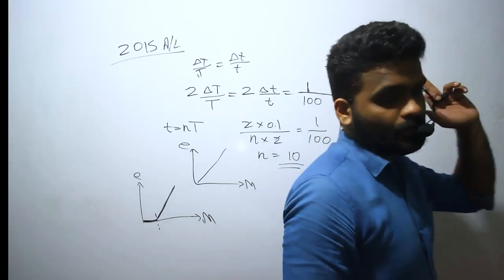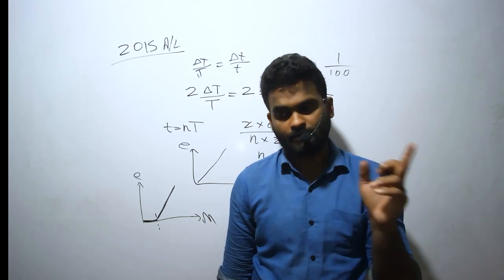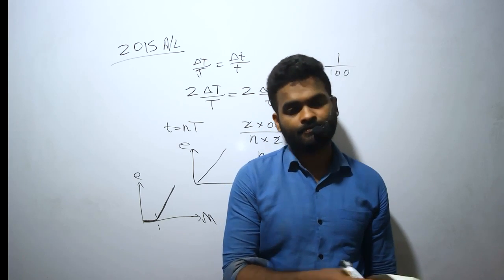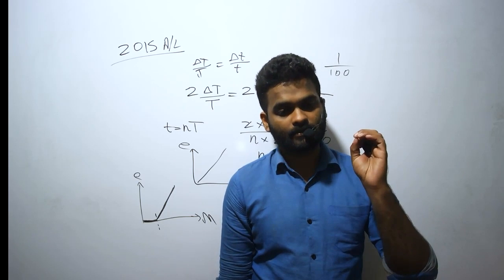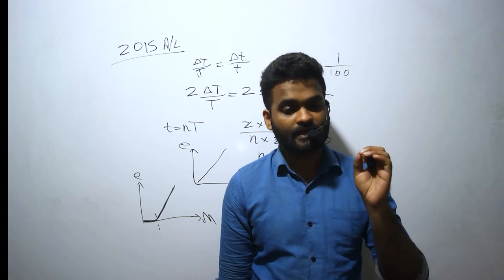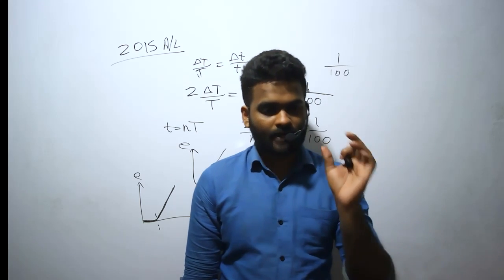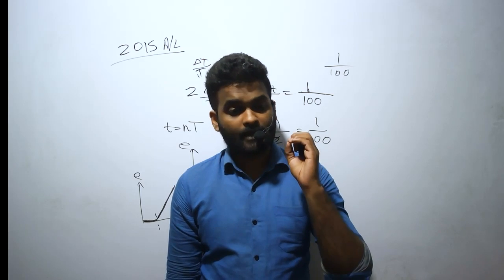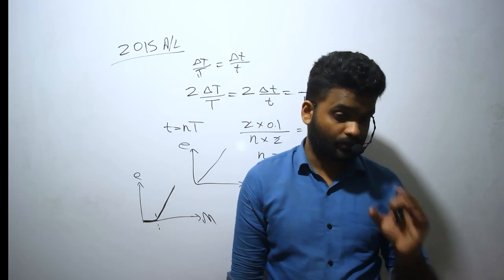If you have any problems regarding the 2015 question, please send me a message and I'll explain that. Tomorrow at 8 p.m., I'll be discussing the sonometer. Sonometer also has 2 practicals. There are many questions, and oftentimes they ask questions based on the sonometer.